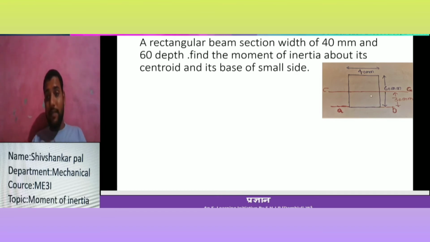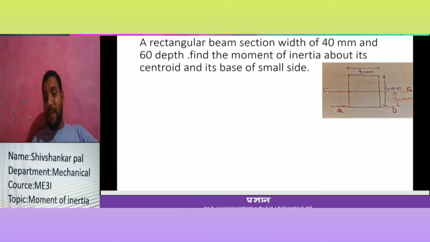The one parallel to the small side, that is the 40 mm side, is the x axis. So the moment of inertia about the centroidal x axis is found. This confusion about which axis is easily solved by the small side.